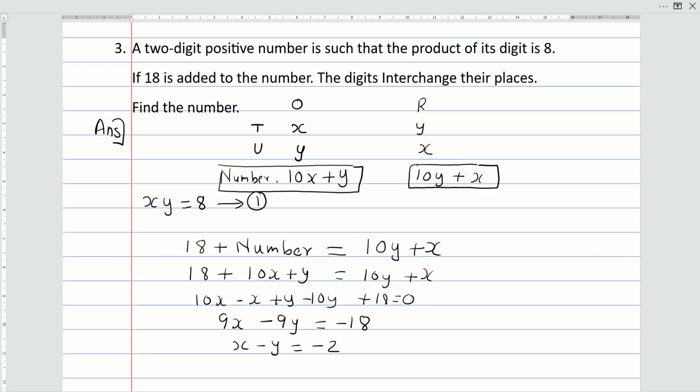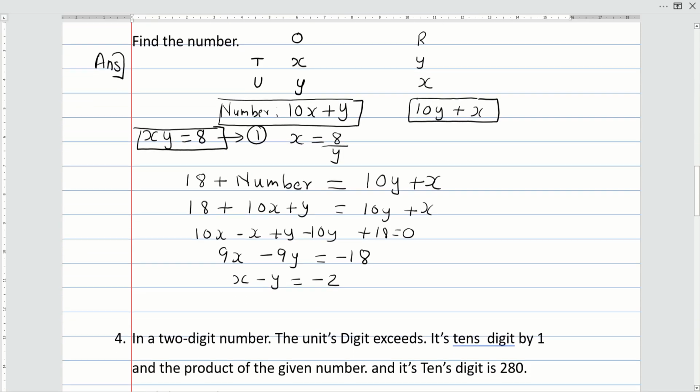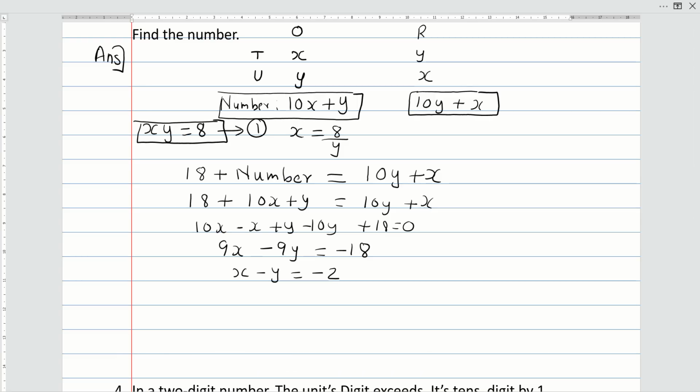Now, we can use the first equation over here. But how? We'll manipulate this. Can I write x is equal to 8 upon y? I'll make x the subject. Fine, students?